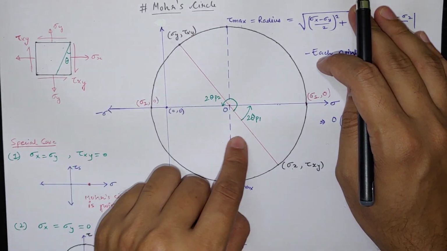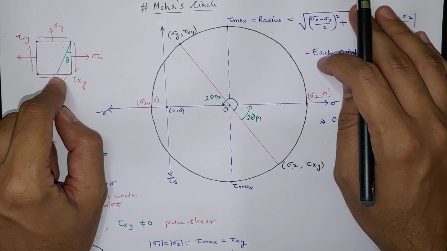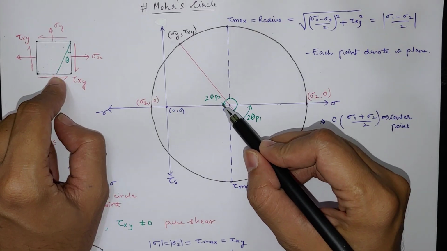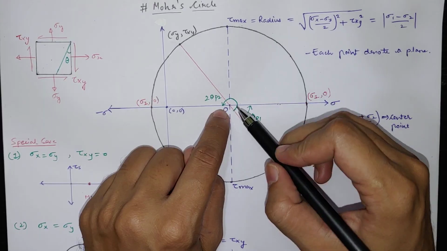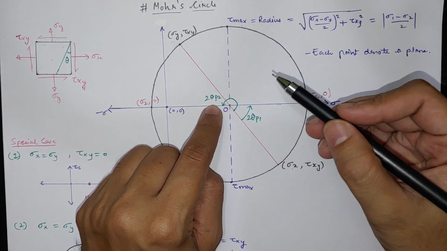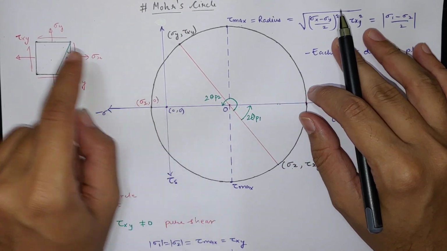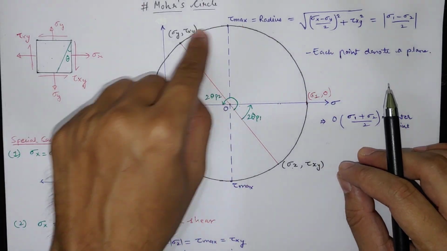So on the Mohr circle we have to take 2 theta, and on the stress element only theta. Now if we plot from sigma x to the sigma 2 line, meaning minor principal stress, we get 2 theta p2, another principal angle, and between these two angles there is 180 degrees on the Mohr circle and 90 degrees on the stress element. So this is how we have to plot a Mohr circle.